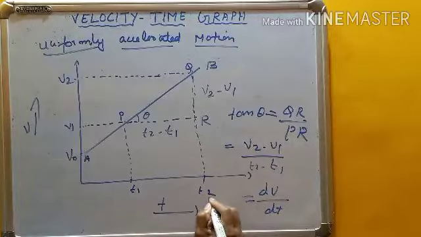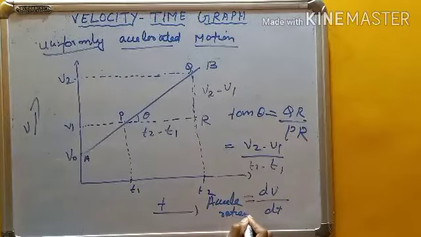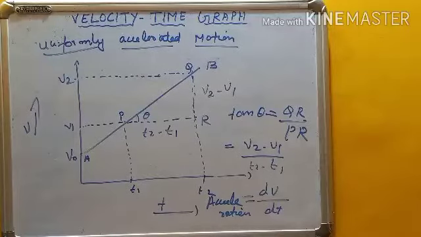Isn't it, children? So if you are given a velocity time graph for uniformly accelerated motion, and you are asked to find the acceleration, what are you supposed to do? You just find the slope of the graph. From the slope of the graph, you can find the acceleration of the body.